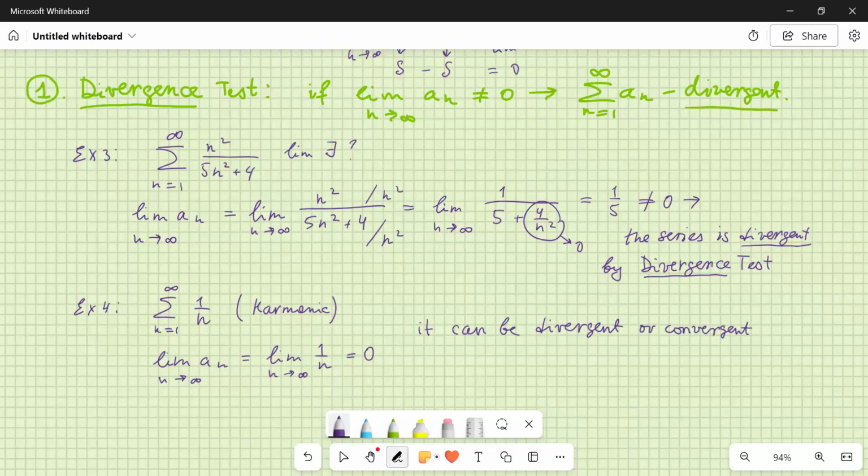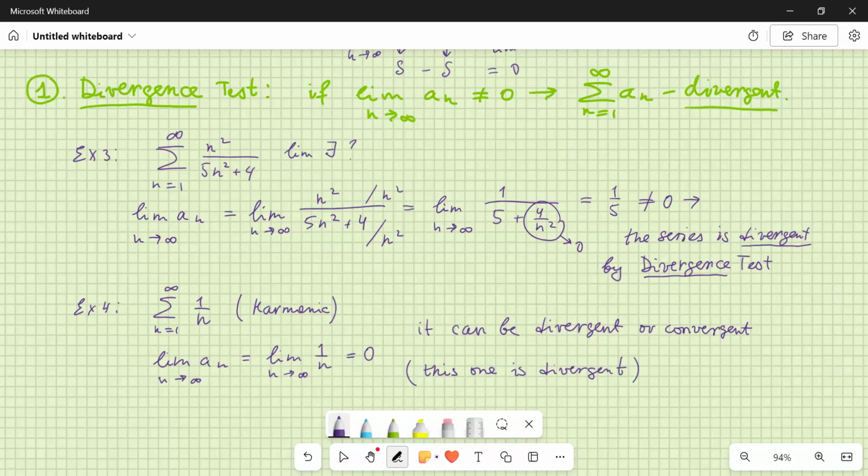The test does not know this. But we know, because I told you, and I'm going to prove it in the next section, that this one is divergent. But if you try our telescoping sums, you're going to see that the term goes to zero and it's convergent. So when the term goes to zero, it does not mean convergence or divergence.